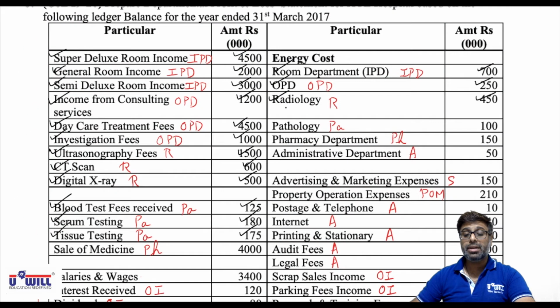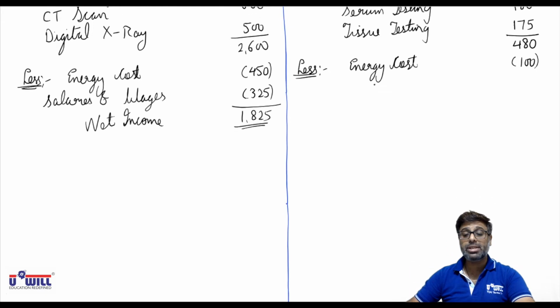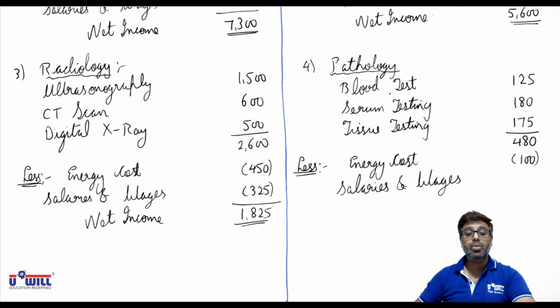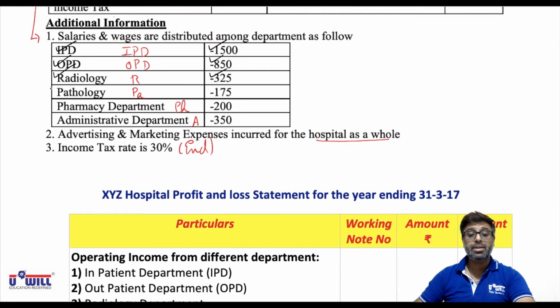So energy cost of 100. Then salaries and wages of pathology department is 175.